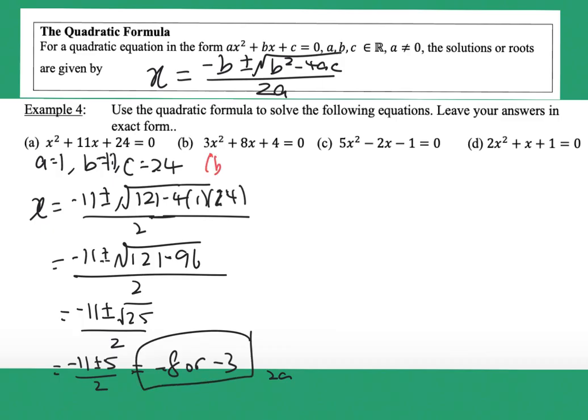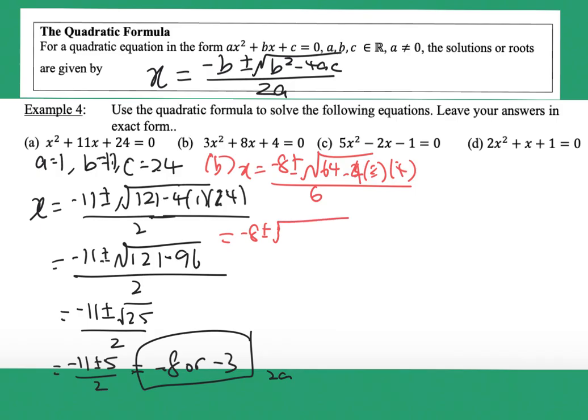For part B, x is equal to negative 8 plus or minus square root of b squared, which is 8 squared is 64, minus 4 times 3 times 4, over 2 times 3, which is 6. So it's negative 8 plus or minus square root 64 minus 48, which is equal to 16 over 6.